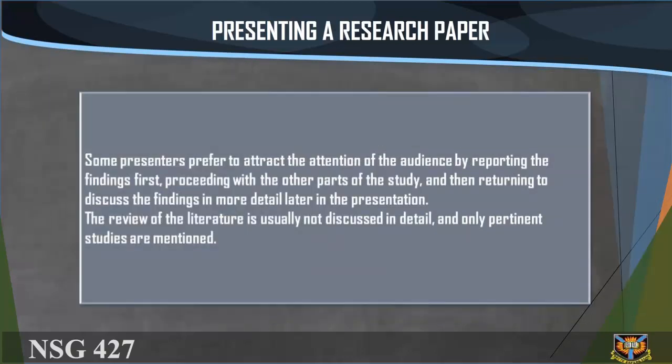Some presenters prefer to attract the attention of the audience by reporting the findings first, proceeding with the other parts of the study, and then returning to discuss the findings in more detail later in the presentation. The review of the literature is usually not discussed in detail and only pertinent studies are mentioned.